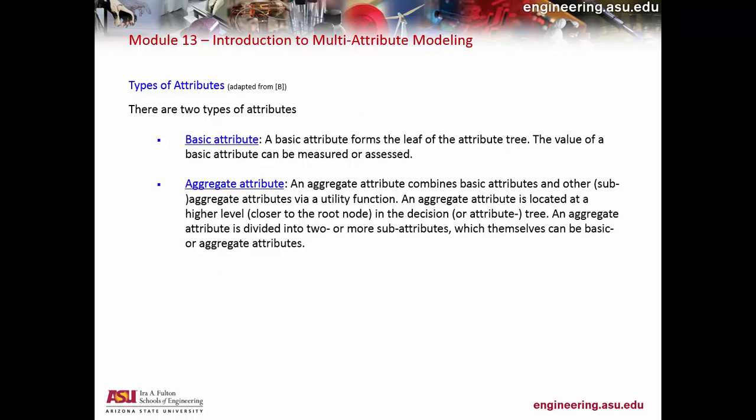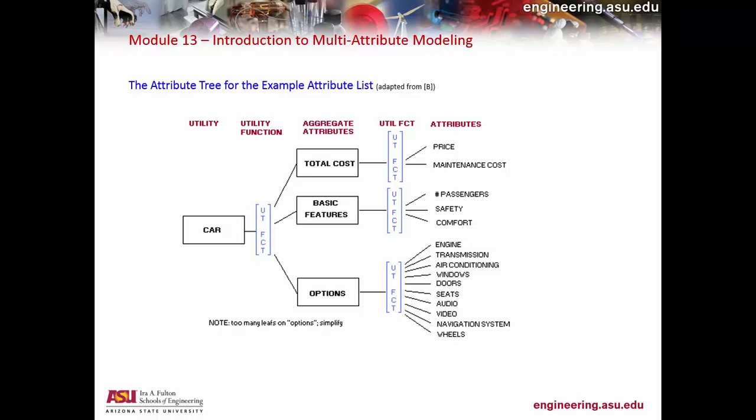There are basic attributes, those that form the leaves of the trees, and aggregate attributes, the things that come together. Here's an example. If I go bottoms up, I'm thinking about price, maintenance, number of passengers, everything else, and then I can classify that into different categories. In terms of aggregate attributes, they become total cost.